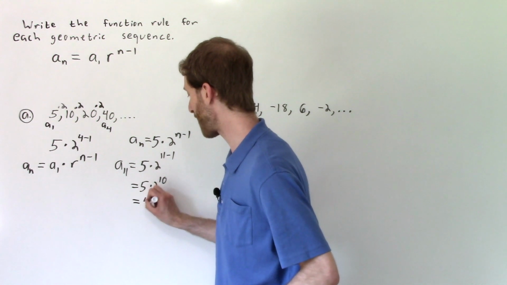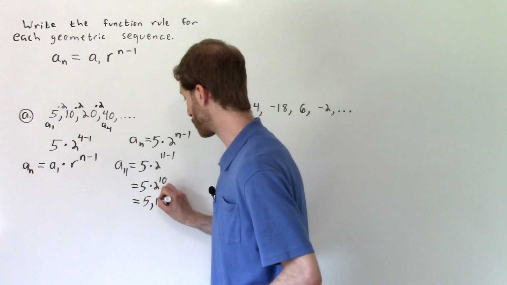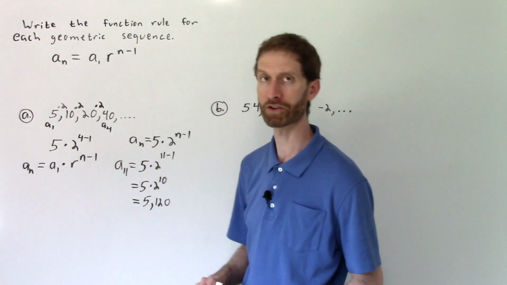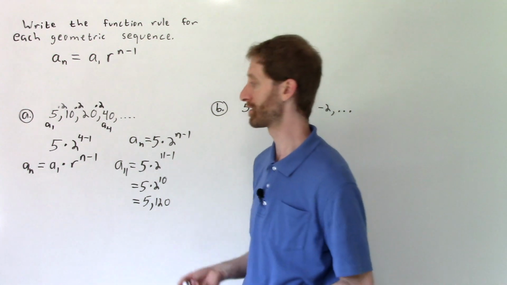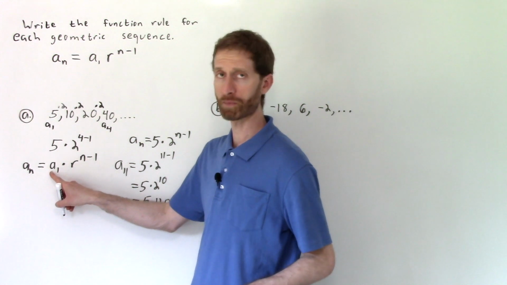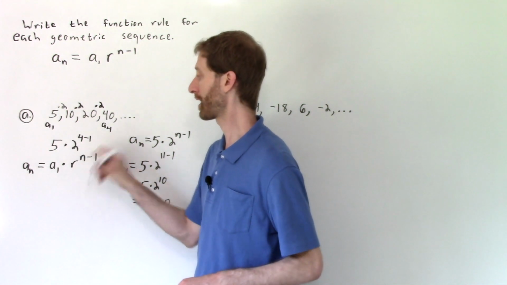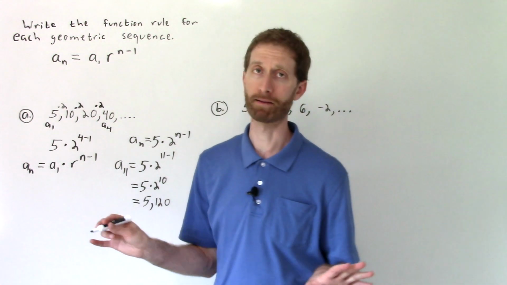That is, hopefully I'm doing this mental math right, 5,120 is your 11th term. That's why the geometric sequence makes so much sense. It's the number of times you're multiplying the original value by the common ratio. Sweet. Now we're just going to use it in letter B.